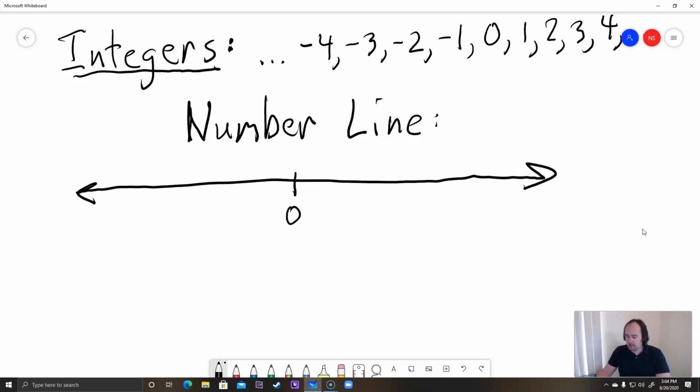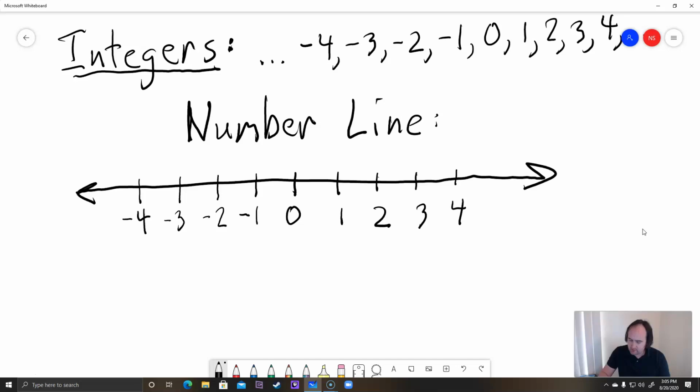And then since we're doing integers here, to the right of 0 you have the positive integers. So you have 1, 2, 3, 4, etc. And then to the left of 0 you have the negative counting numbers. So you're going to have negative 1, negative 2, negative 3, and negative 4. And so forth. Obviously, you can't write all of them because it goes on forever.